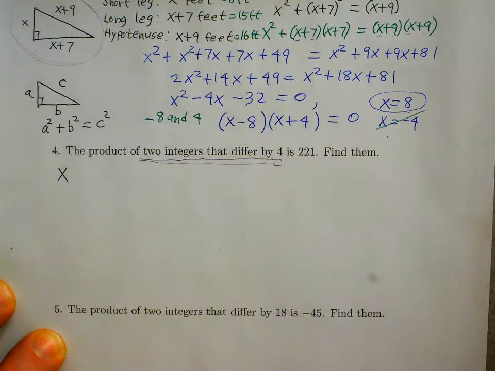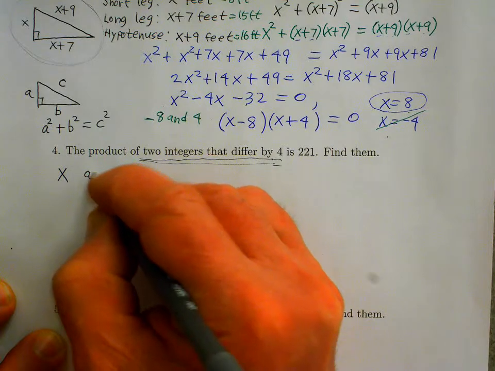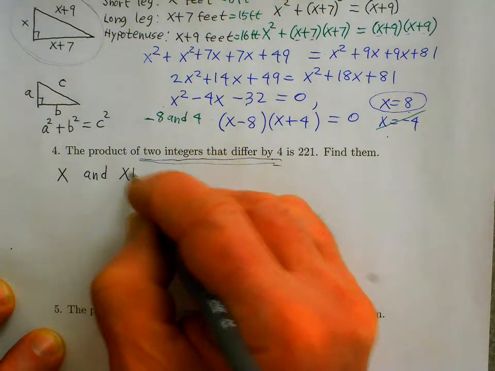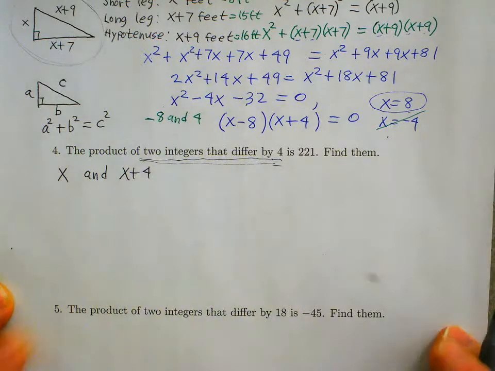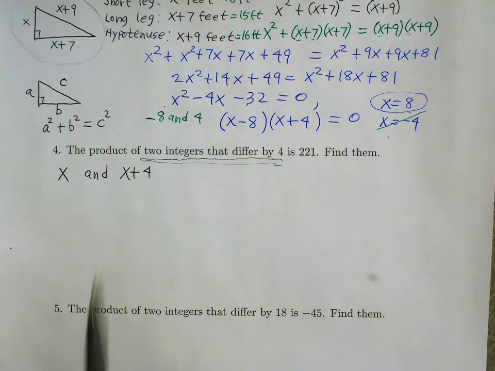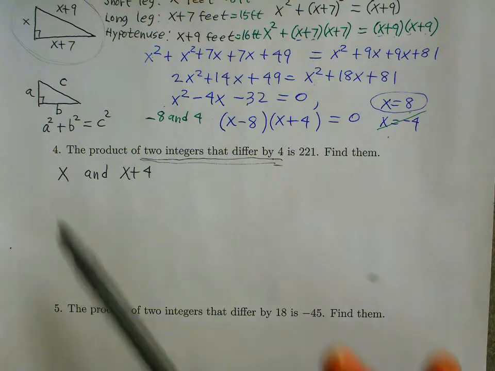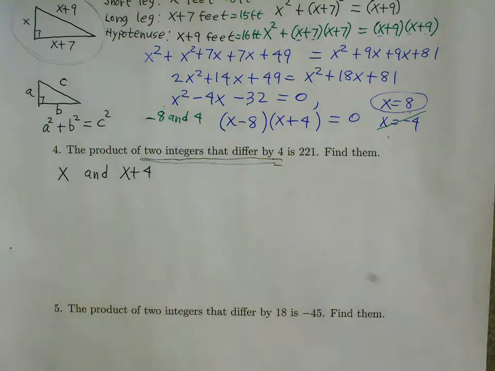Well, if x is one of the integers, then for the other one, I can use x plus 4. This is one way to use the variable assignments. It's not the only way, because if I wanted to, I could write x and x minus 4 if I prefer.